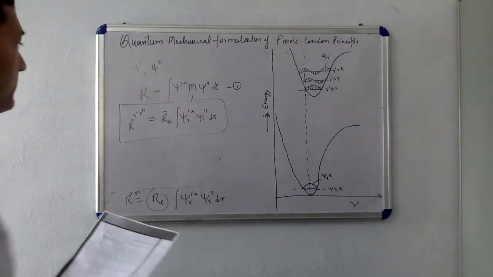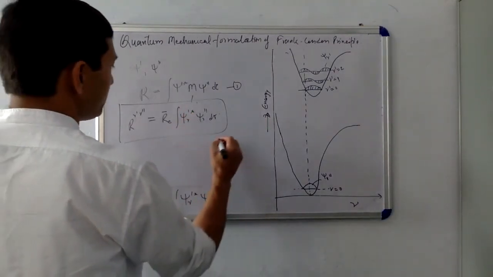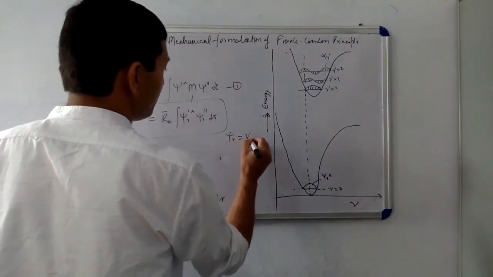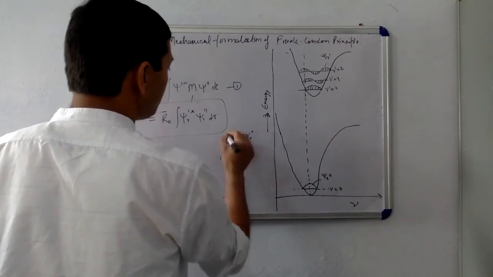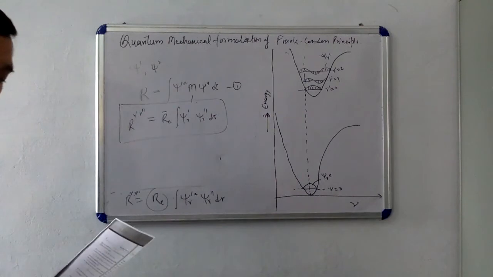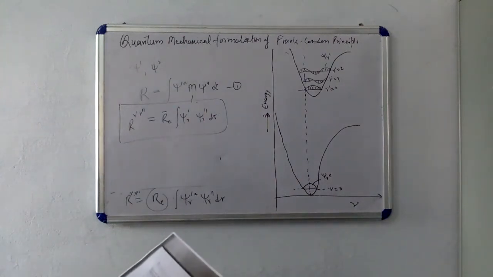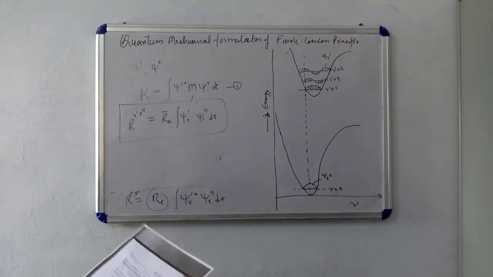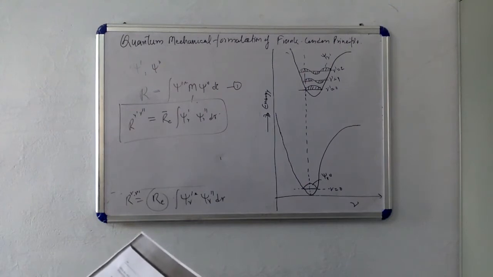And just because ψ ν is equal to ψ ν star, we can remove this one. For these vibrational states, you have real functions. So the average electronic transition moment Re bar governs the intensity of the band system as a whole.